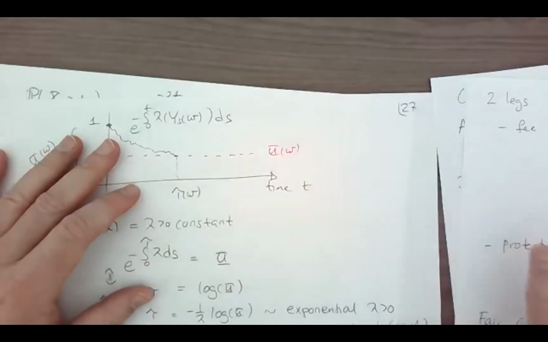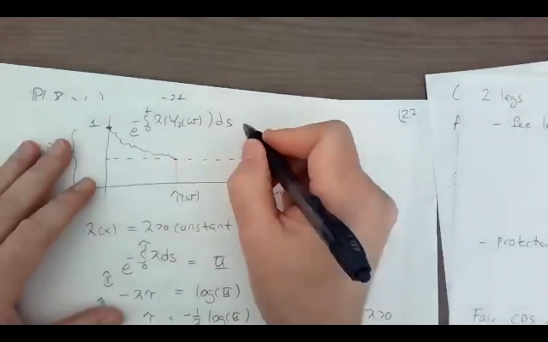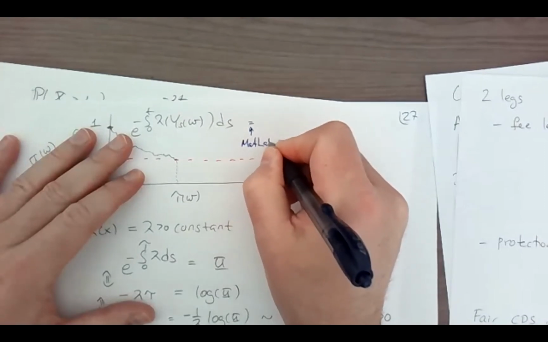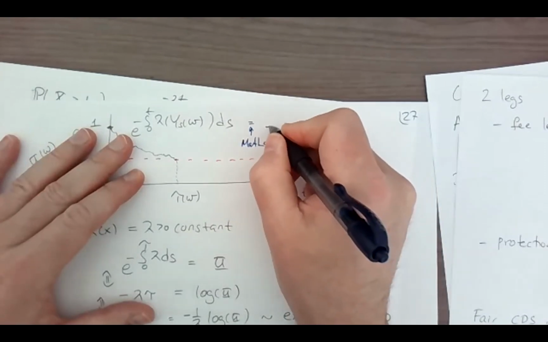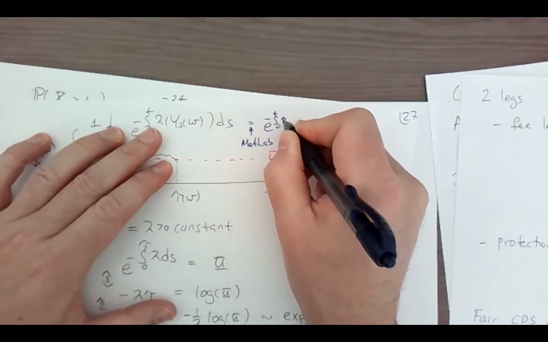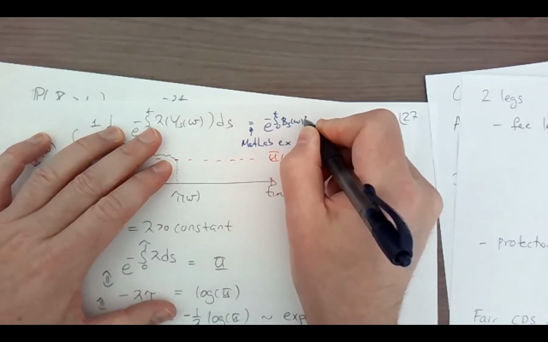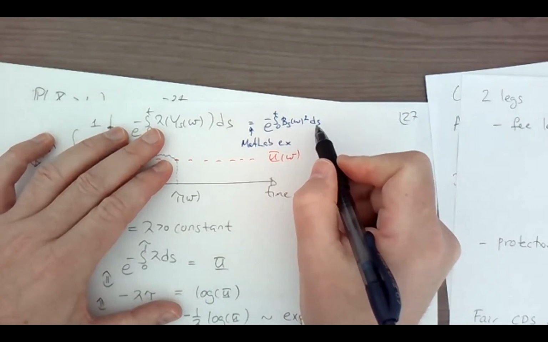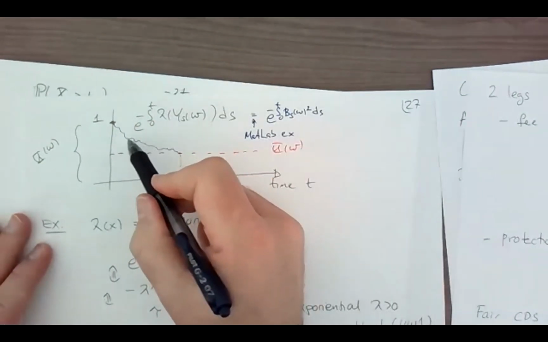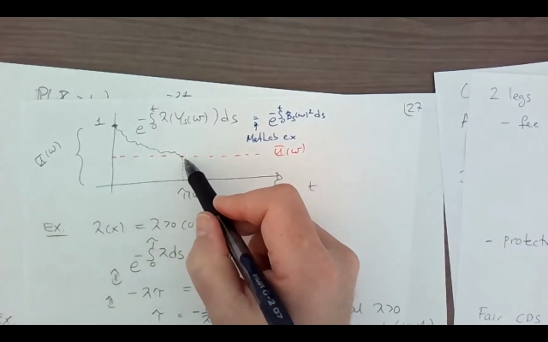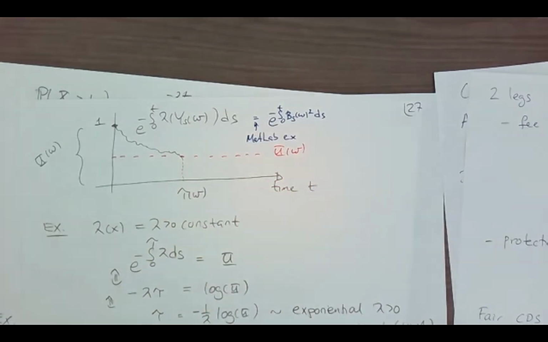The particular example that I'm doing is the one in the MATLAB example. This here is an exponential of an integral from 0 to t, and then what I have here is B s of omega squared ds, right? So this is a ds here. So I'm growing this path and I'm checking for the first time that it dips down below, right? So that means that the previous time it was above and the next time it's below. That's going to give me tau.